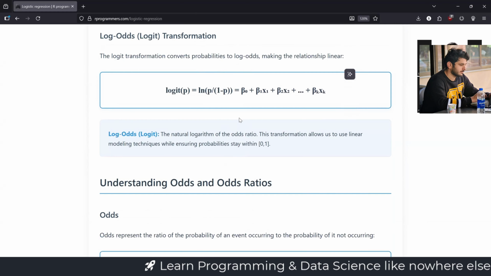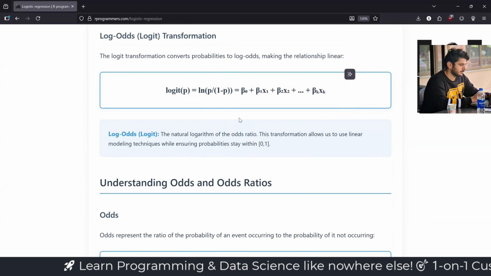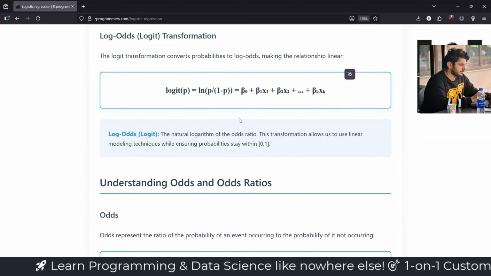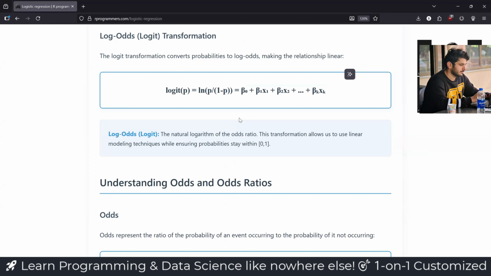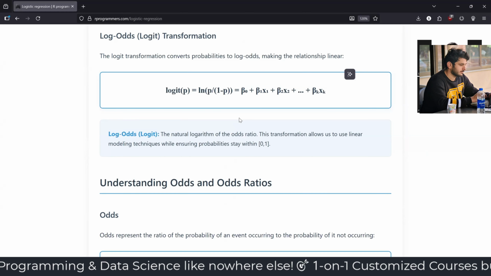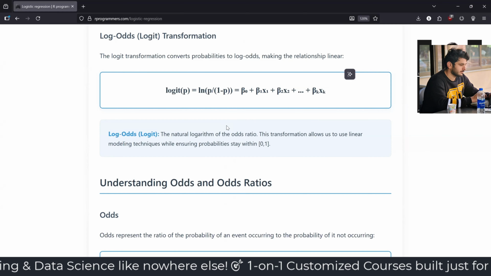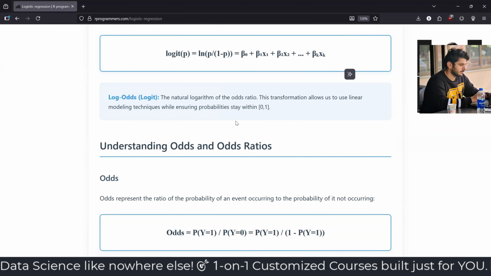Now in linear regression we can interpret the coefficients, right? We know that the coefficient is significant, and this coefficient has this particular meaning. But in logistic regression we cannot interpret them like that. What we need is odds ratios.